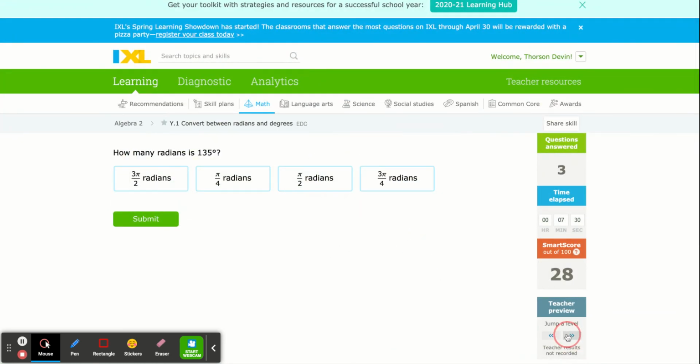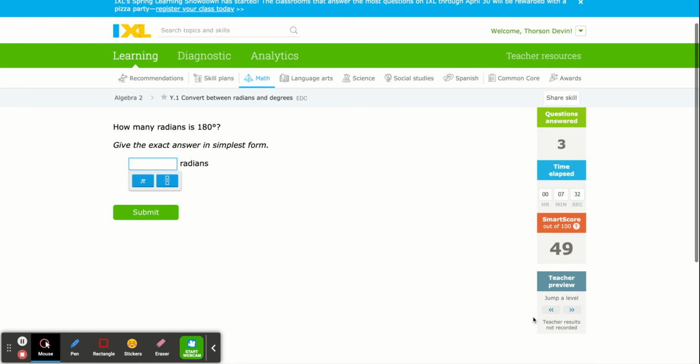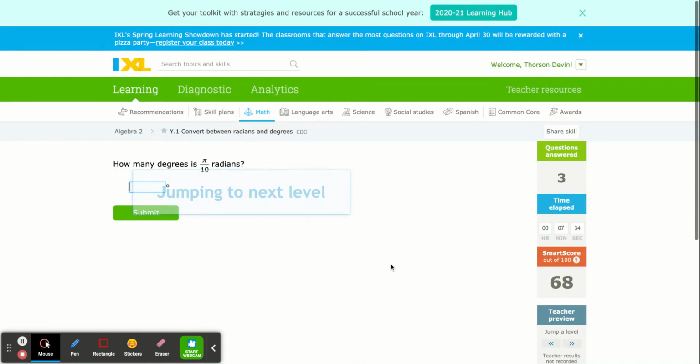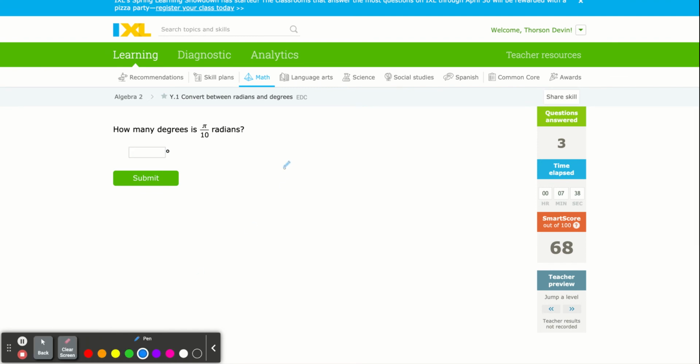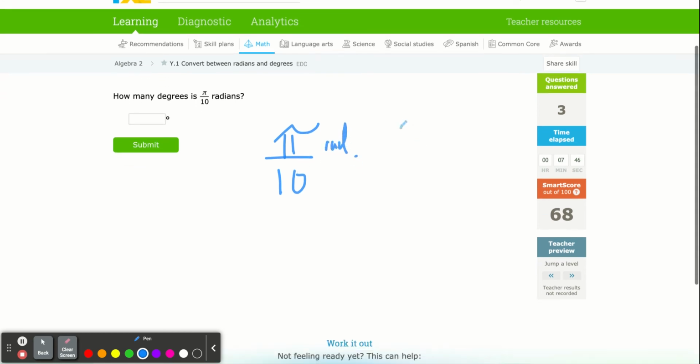I'm going to jump ahead because I'm pretty sure they're eventually going to get to some where you're going to go from radians to degrees. Right here, if I want to go from radians to degrees, so I have this pi over 10 radians, what I'm going to do is multiply by the reciprocal of what I have been. I'm going to multiply by 180 degrees over pi radians.